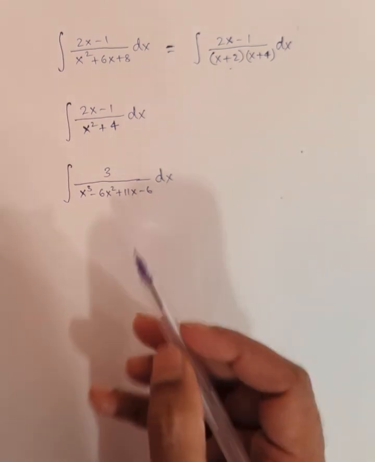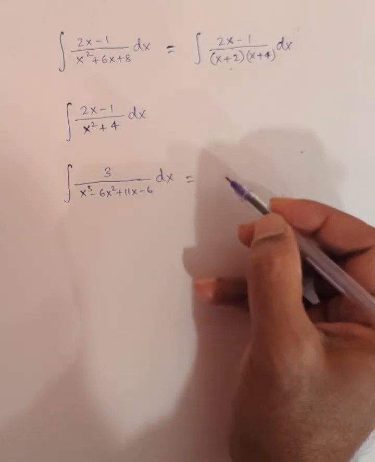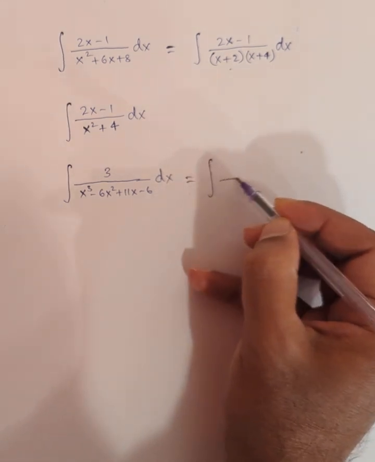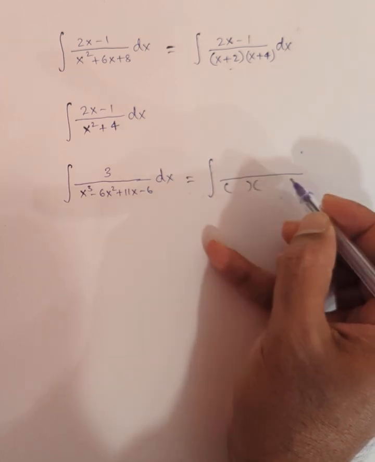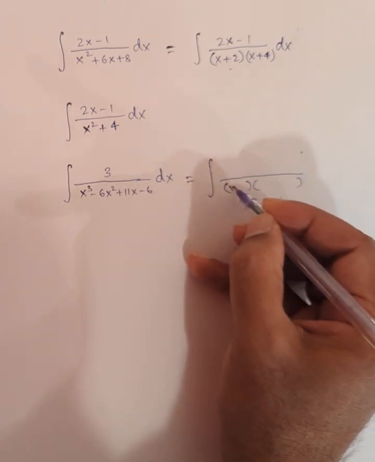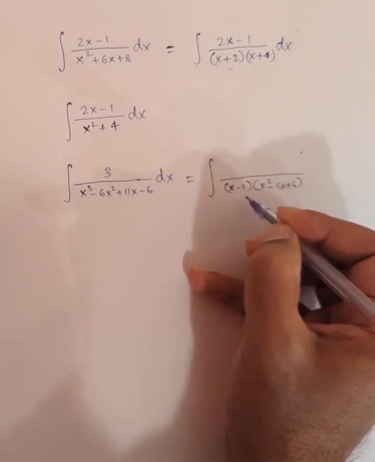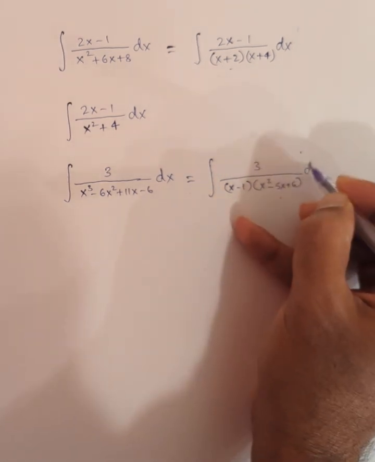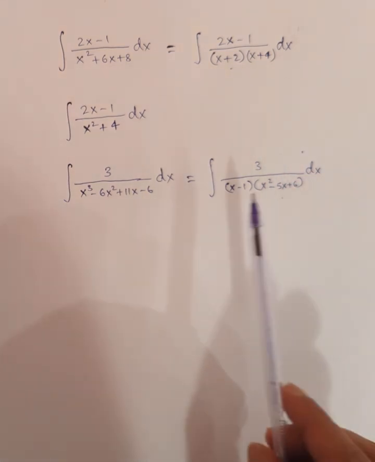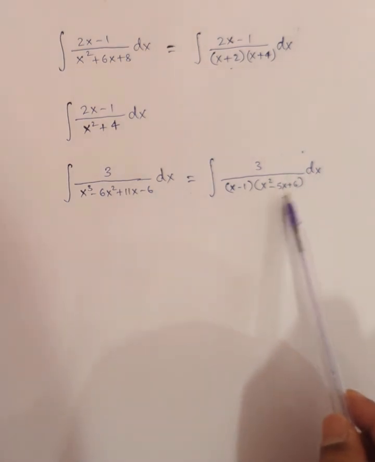Then here is the thing: your cubic polynomial will always have a linear factor at least, and so a linear and a quadratic. This one actually factors as x minus 1 times x squared minus 5x plus 6, and sometimes this quadratic could be further factored or it need not be factored.